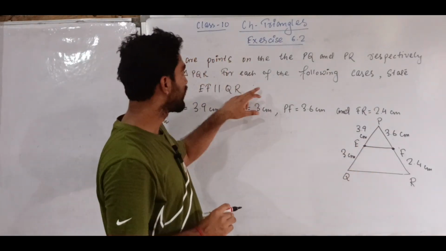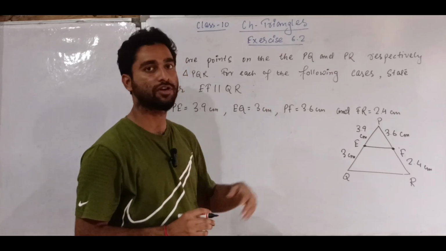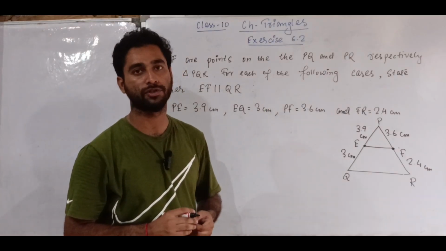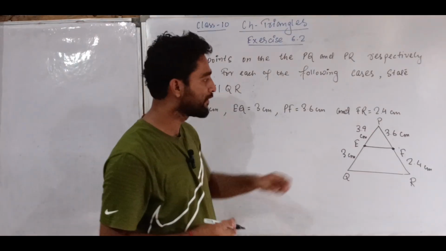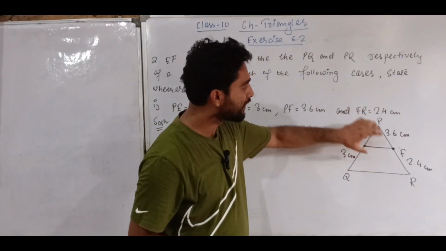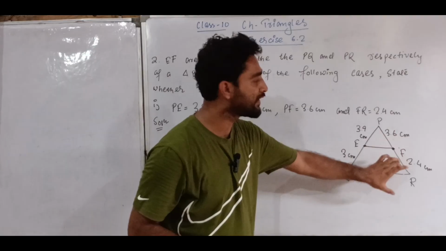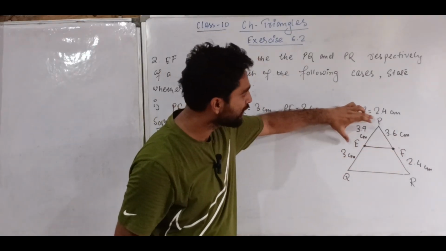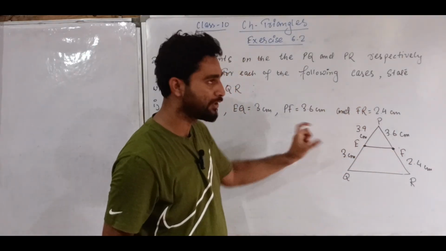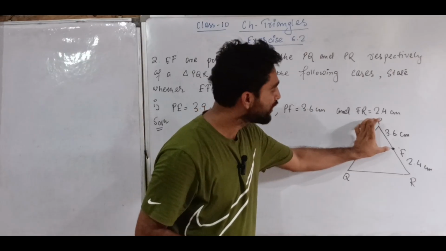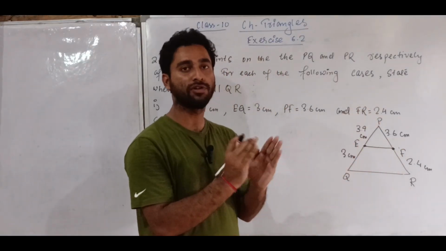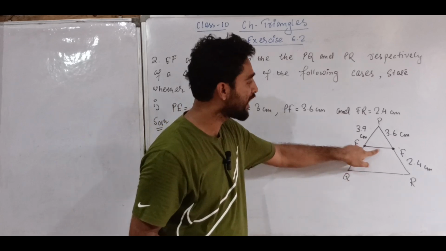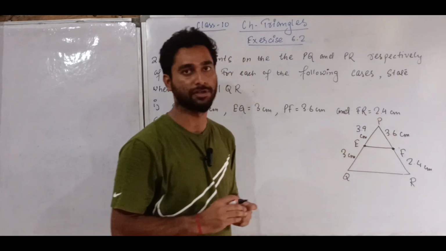So here we have to apply the converse of the basic proportionality theorem. From the converse of the basic proportionality theorem, we know that if a line divides two sides of a triangle in the same ratio, that means if we divide PE divided by EQ, we get some value, and if we divide PF divided by FR, we get the same value, then this line divides the two sides in the same ratio.